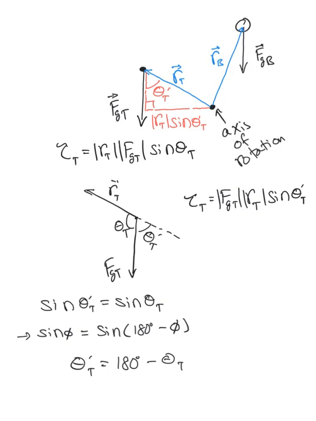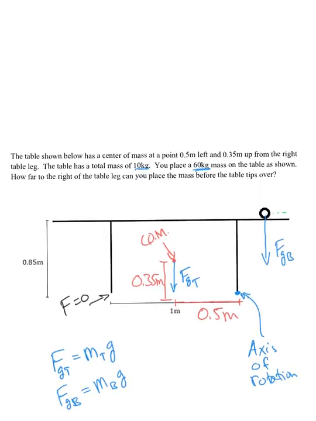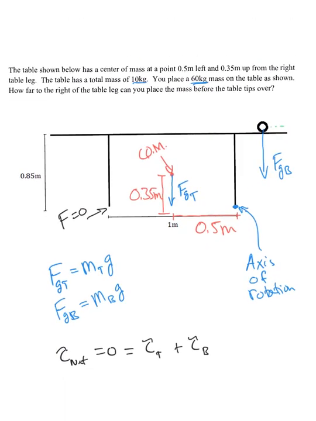And you notice that this term here is just the horizontal distance from the axis of rotation to the force of gravity vector. It is just the x component of that distance, which you may remember from the beginning of the problem is a value that was given to us.